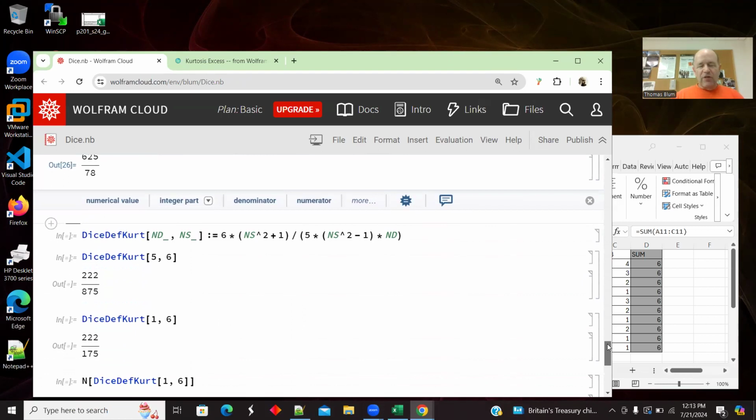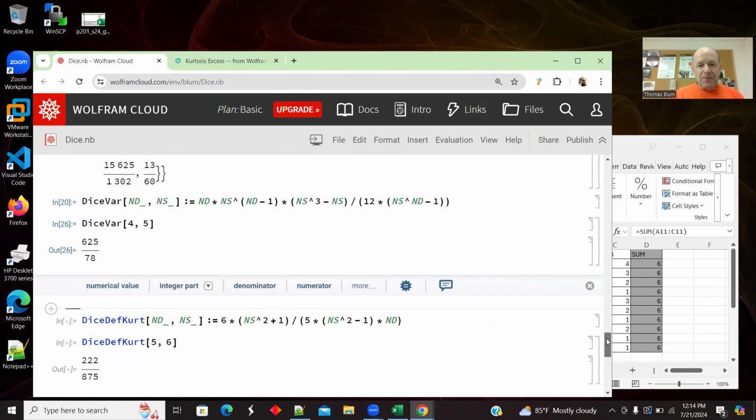And then I looked for the kurtosis, but I'm doing this deficit kurtosis thing. And I found this formula. So it's a bit simpler looking.